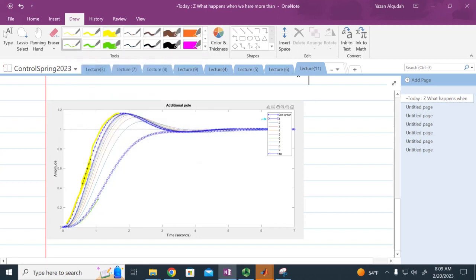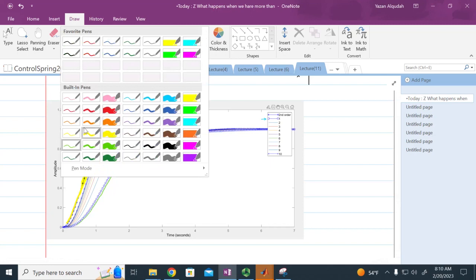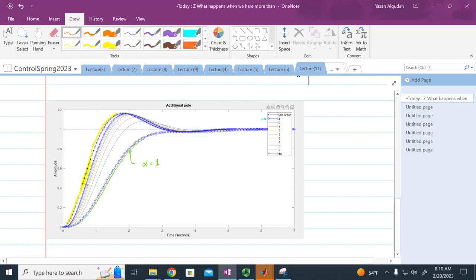The one that is here. So this is alpha equal to 1. Does that make sense? And then all the way to alpha equal to 10, alpha equal to 10 is the response that we get here. Does that make sense, everybody?